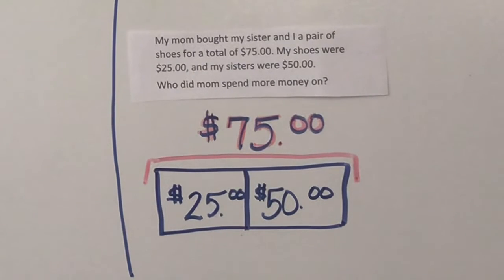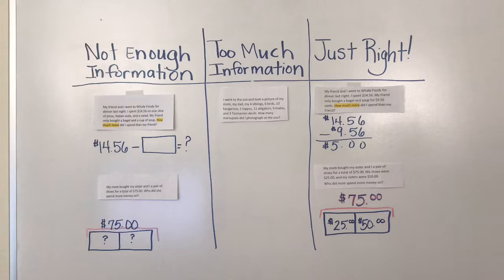The next problem. My mom bought my sister and I a pair of shoes for a total of $75. My shoes were $25 and my sister's were $50. Who did mom spend more money on? Well, now that I have this information, I am able to see that my mom spent more money on my sister.